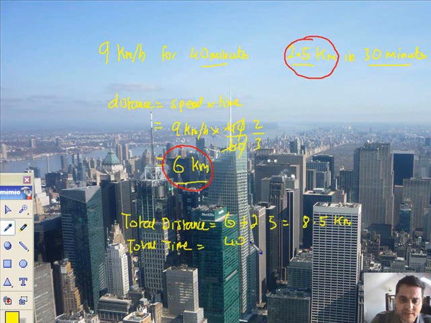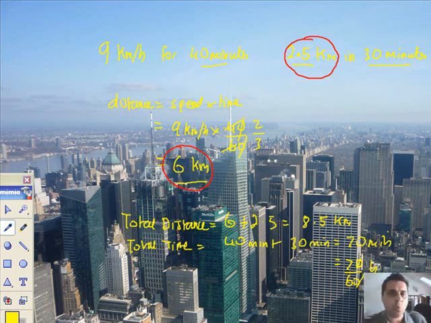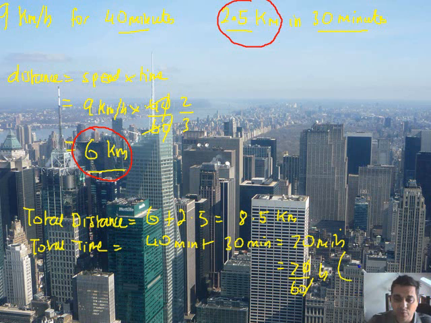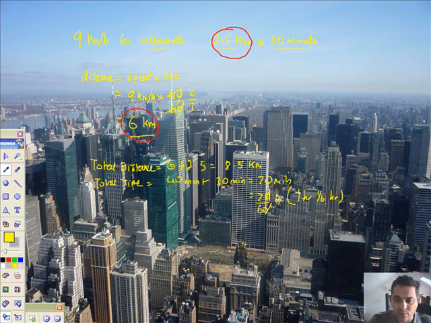He did 40 minutes plus those 30 minutes up there. So he did 70 minutes in total. Now 70 minutes is, let's do it this way, 70 over 60 hours. In other words, it's 7 over 6 hours, or 1 1/6 of an hour. 1 hour and 1/6 of an hour altogether.